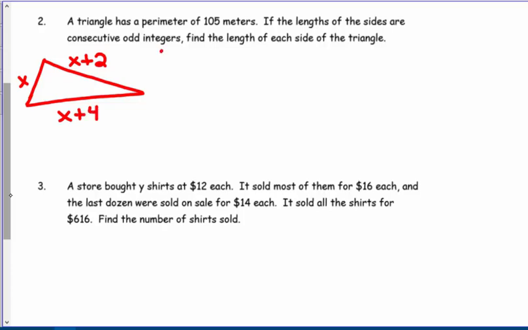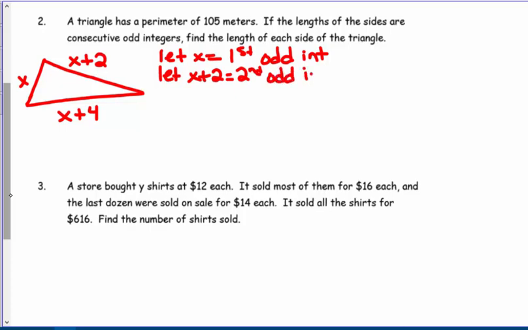Or, again, I could write let statements: let x equal the first odd integer, let x plus 2 equal the second odd integer. I could do it in a picture or let statements, don't have to do both, I'm just showing you both. Choose one. Third odd integer is x plus 4.